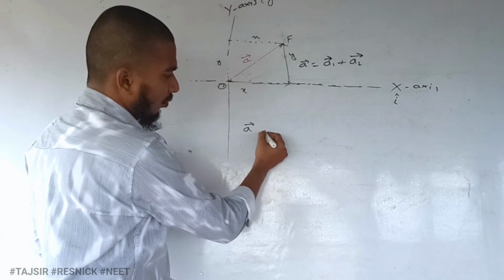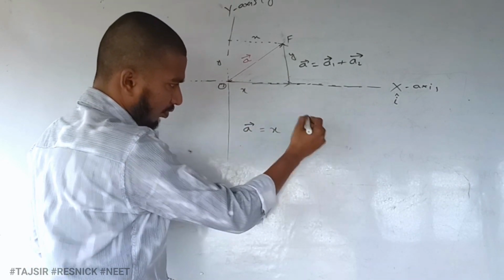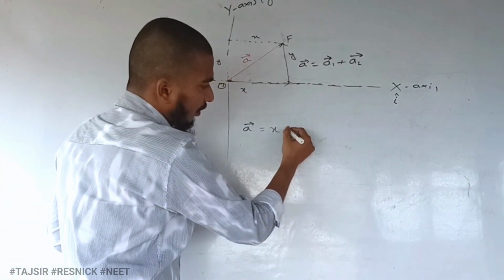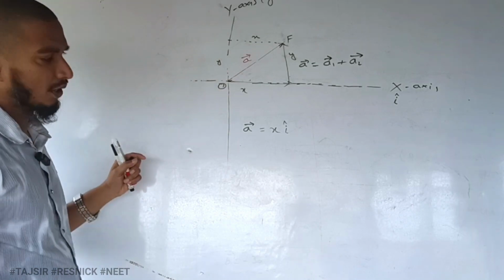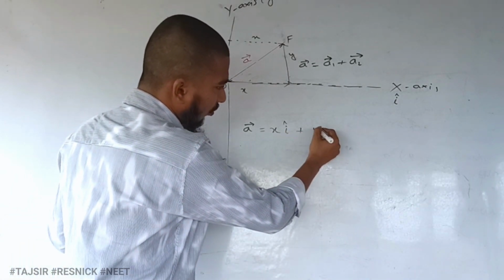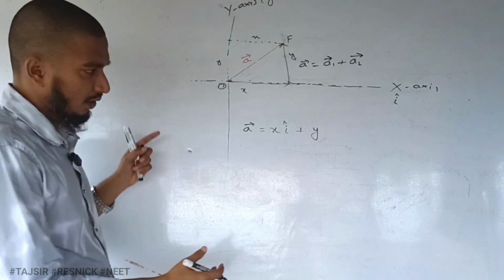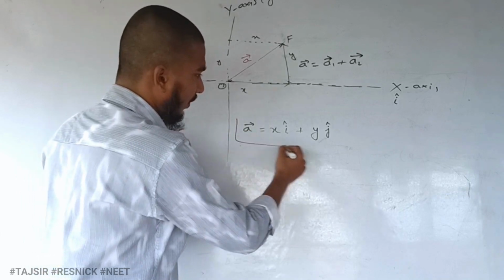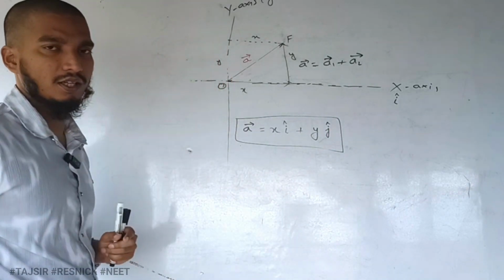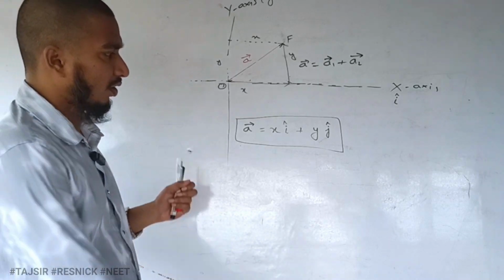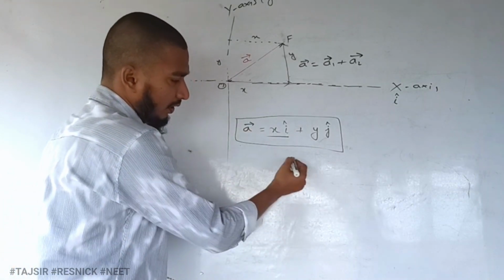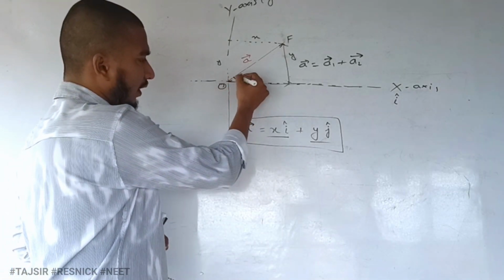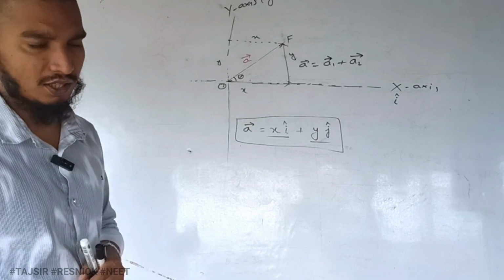Along x axis we can move distance x or displacement x, and to show the direction we use I cap, plus along y direction distance y, and to show the direction we use j cap. So we have resolved our vector A, and one component is x I and the second component is y j.